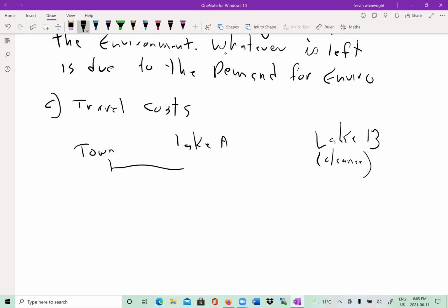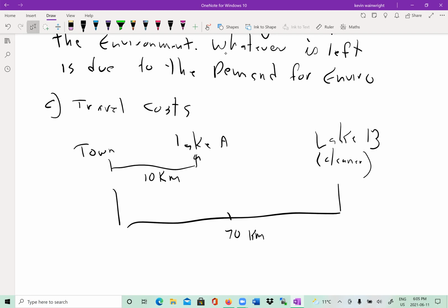But Lake A is only 10 kilometers from the town, whereas Lake B is 70 kilometers from the town. Okay.